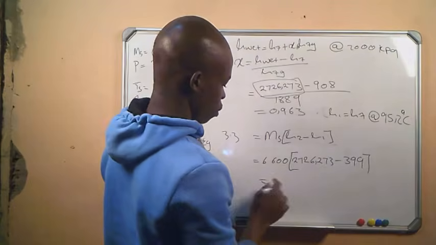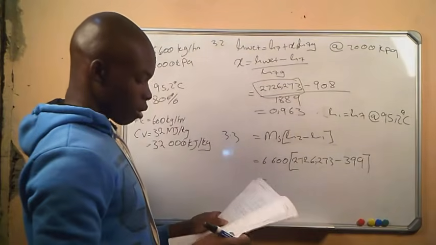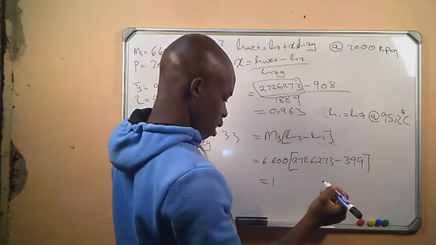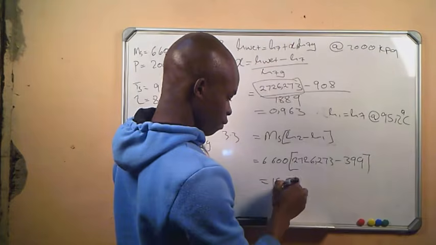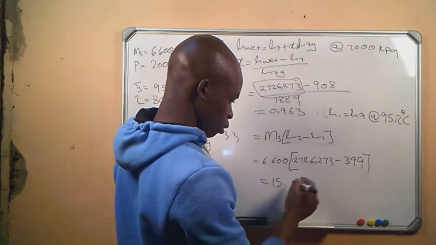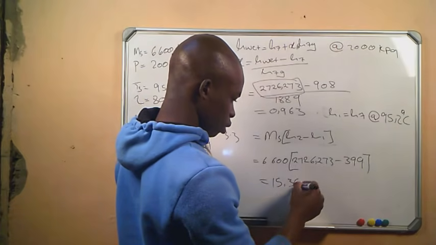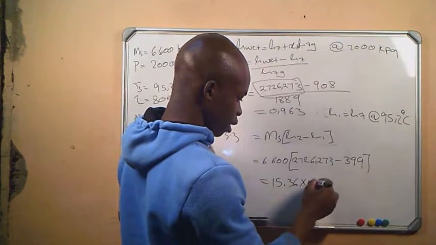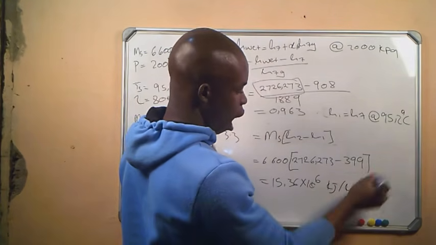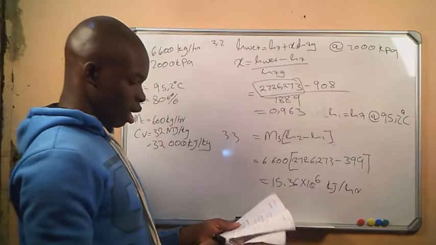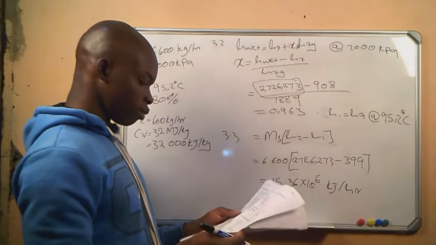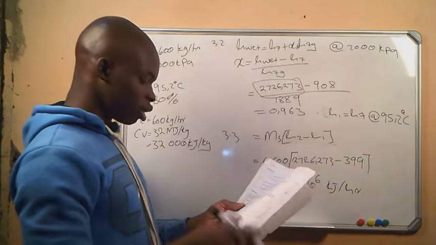And then we calculate and get our value as 15.36 times 10 to the power 6 kilojoules per hour. That's the end of our question.